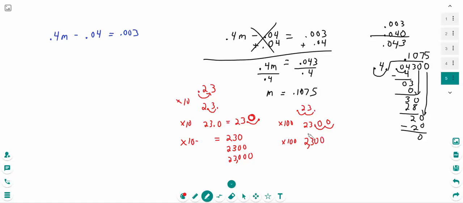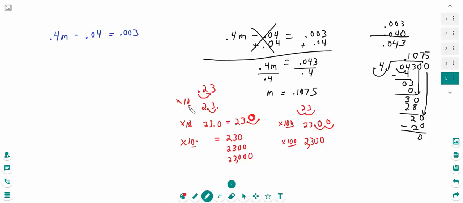So you can see when we multiply things by 100, all we do is move the decimal place two positions to the right. And this should really be a review for you. I mean, you should have learned this years ago as well, but just as kind of a refresher. When we're multiplying a number by a 1 and then a bunch of zeros, such as 10 or 100 or 1,000, all we do is move the decimal place in the other factor the same number of places as the number of zeros that we have in the 10 or the 100 or the 1,000.